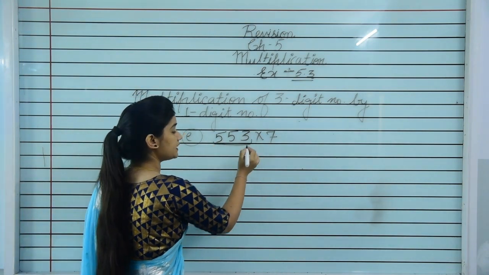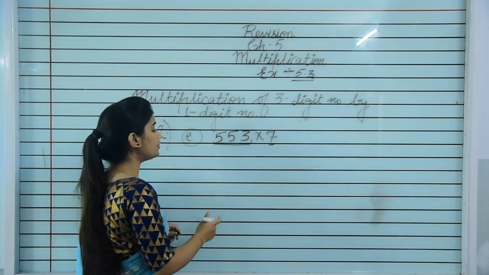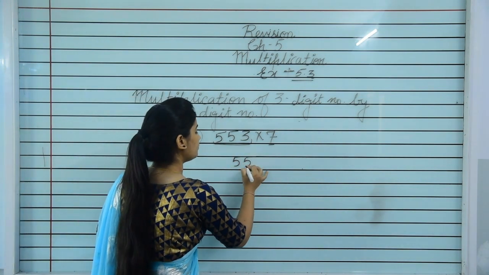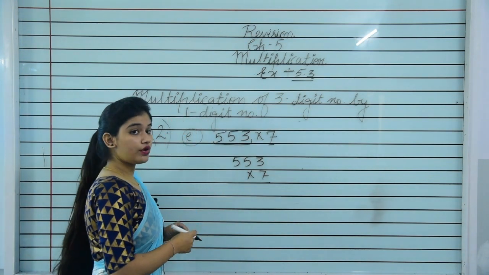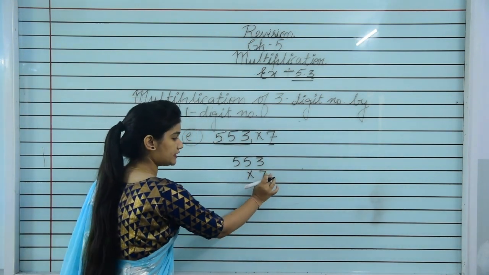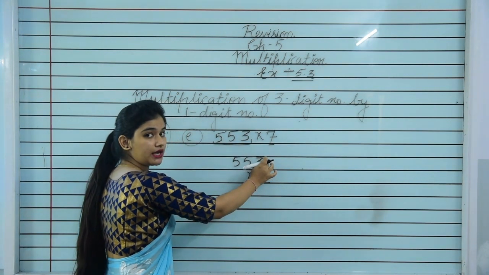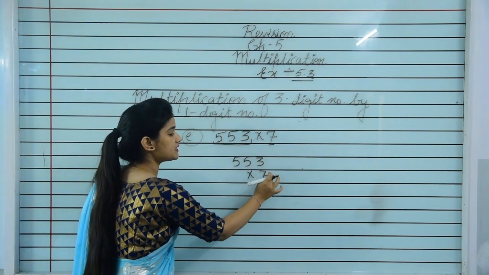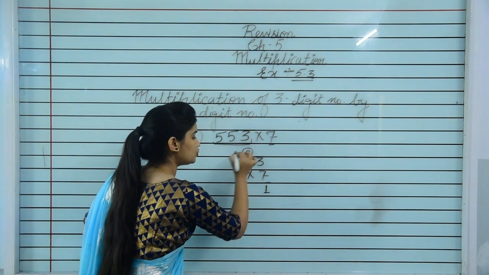Here we can see a 3-digit number and a 1-digit number, and we are going to multiply the 3-digit number by the 1-digit number. How can we multiply? First we multiply 7 by 3, the digit that is in the ones place. 7 3s are 21, and we carry over 2.